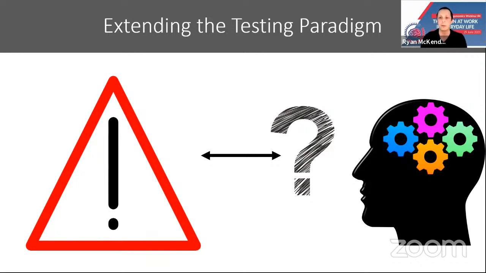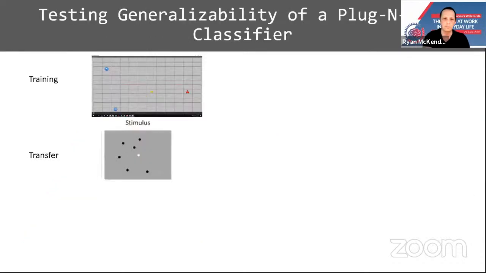Can we actually separate these things? At the time, my thought was probably not, that's probably impossible. But in thinking on it more, I still think that's incredibly difficult, but I do think there are ways we can create experimental paradigms that allow us to better understand the contributions of one versus the other.